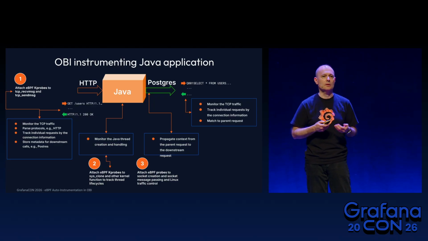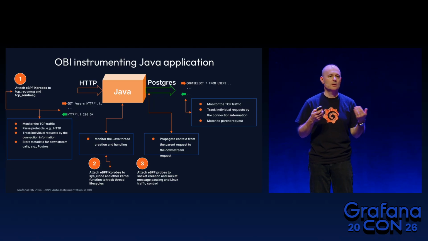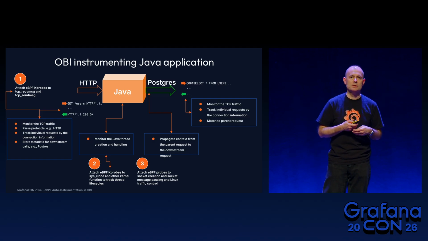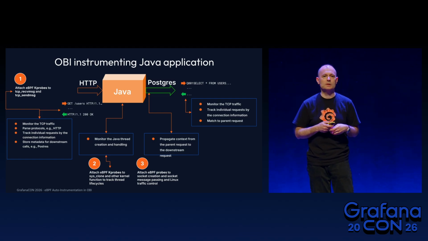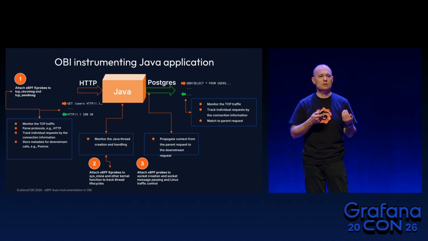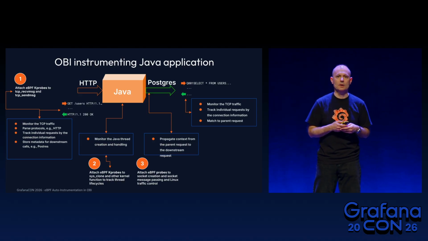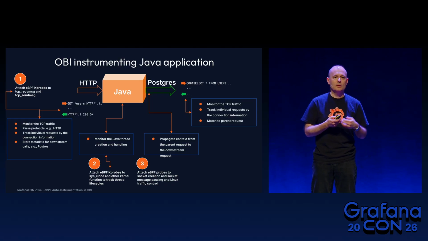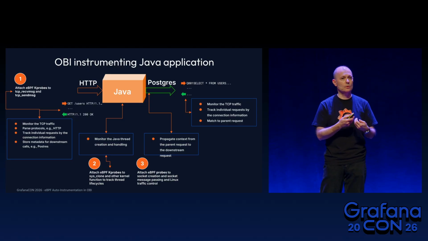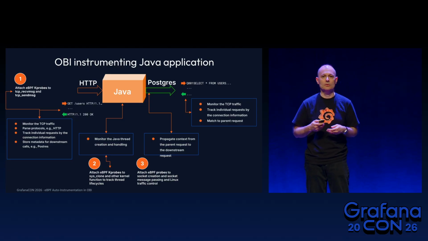We parse it, we extract the route, the method, the payload, the headers, all this information, and then we have HTTP. On the back end, we see, oh, that protocol looks like Postgres. We parse, we extract the SQL statement. From the SQL statement, we find the operation, the database name, and so on. This is all good. And for the last bit, I'm assuming a very simplistic scenario where it's the same thread that handles the incoming request and the outgoing Postgres request. In that scenario, we're able to correlate between the incoming and outgoing.